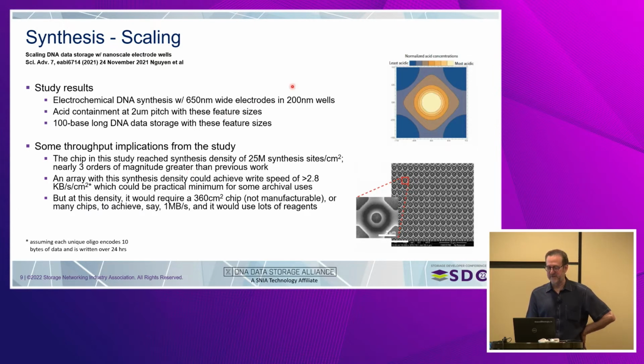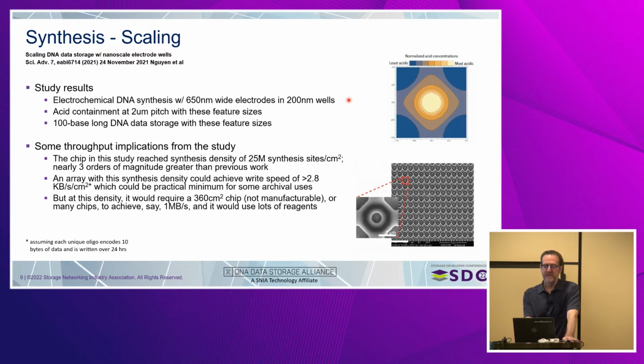Here, I wanted to talk briefly about where some of the progress is. This is a study that was done at the University of Washington and Microsoft, where they built an electrochemical array to synthesize DNA. The basic results were that they were able to do synthesis on this chip with 650 nanometer electrodes and 200 nanometer wells. So they are putting chemicals, molecules and reagents in little nanostructure wells.